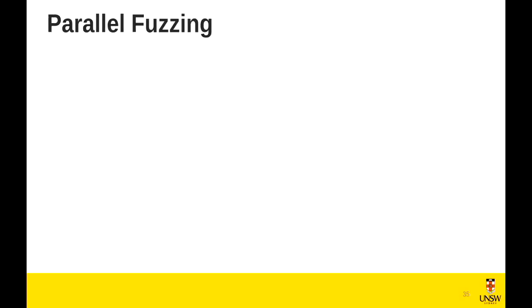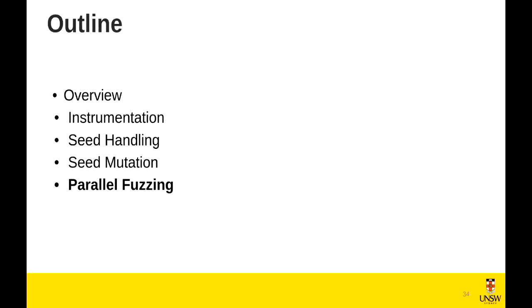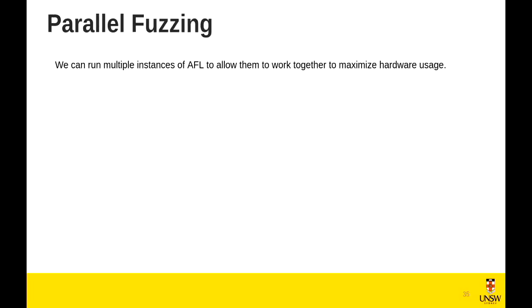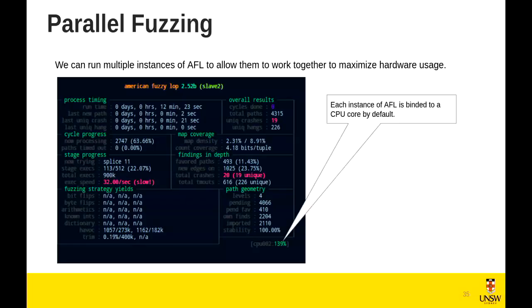And the last topic here is parallel fuzzing. Because nowadays computers have multiple cores, we can run multiple instances. By default, each AFL instance is bound to a particular core of the CPU. You can see here some CPU usage.